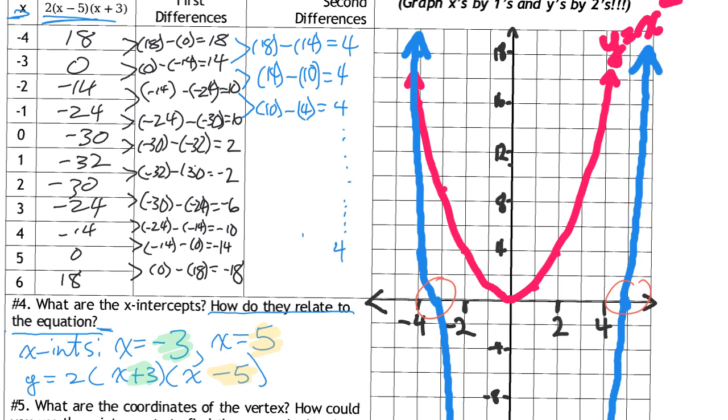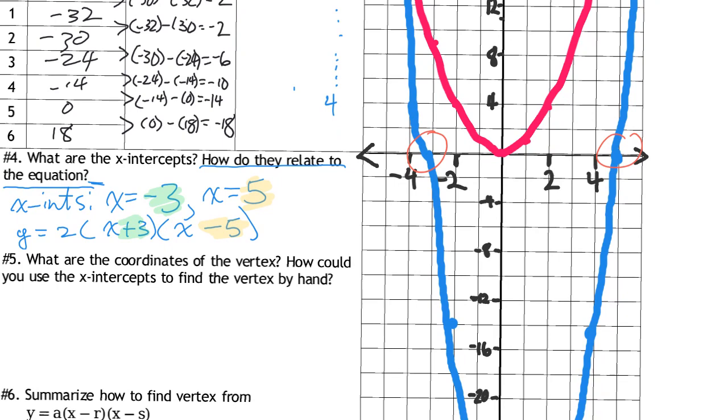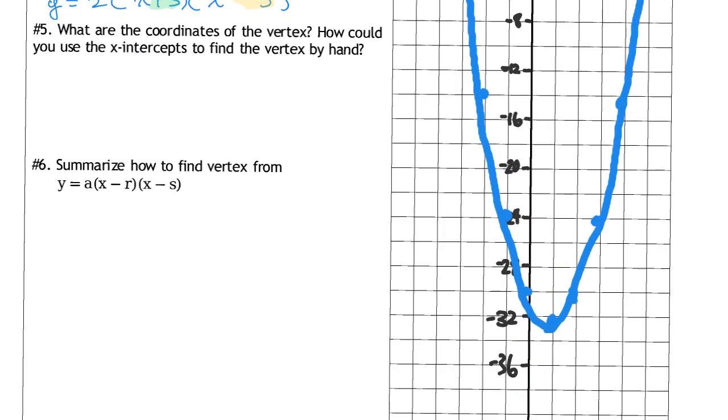Now we've got to figure out what the coordinates of the vertex are. So let's do that right now. If we move down here and look at the vertex, this part here is our vertex.